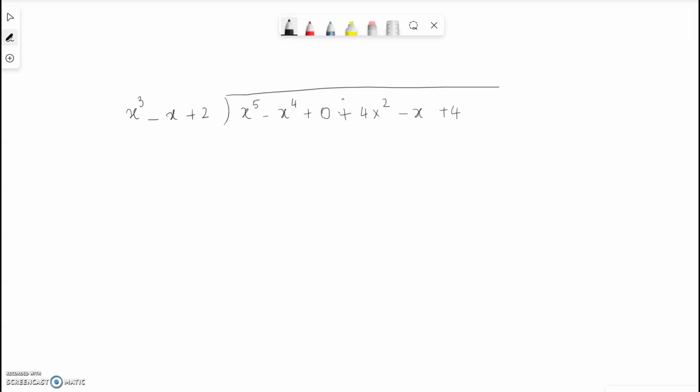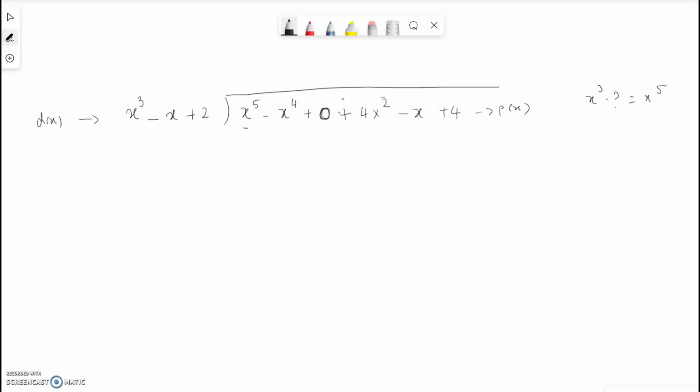So we divide the given polynomial p of x by the polynomial d of x. X cubed times what is x to the fifth? So we look at the first term, make sure that we write the polynomial in decreasing order of degrees, exponents.